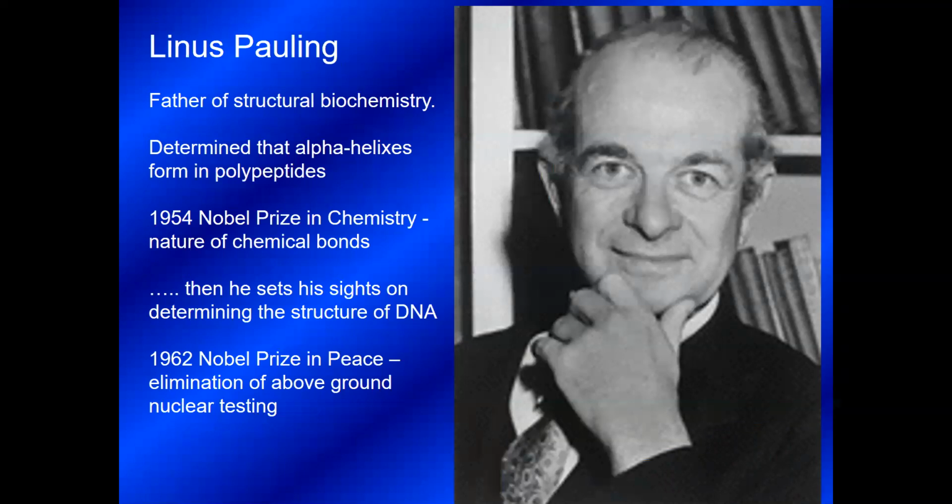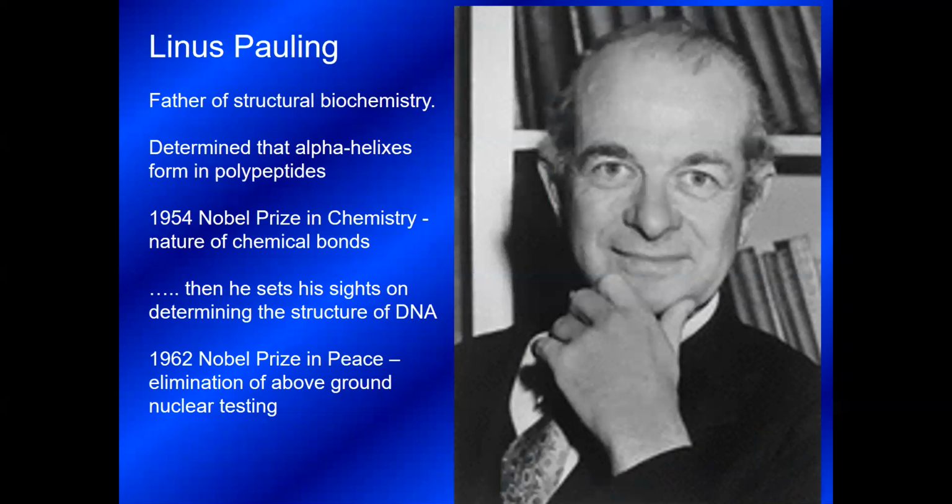He determined the rules that govern specific angles in bonds created between atoms within a molecule. By establishing these basic rules of bond angling, you could determine the shape of different molecules. And of course, because the shape of a molecule determines its function, this is a very important thing to know.